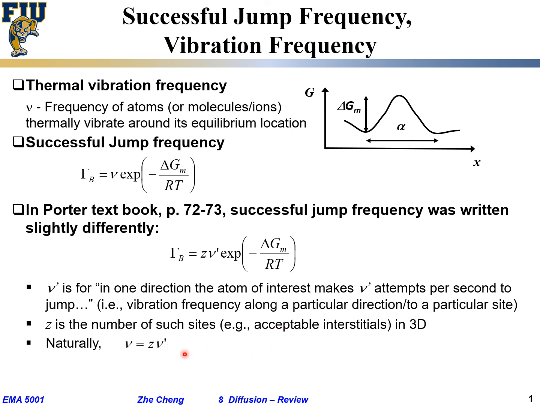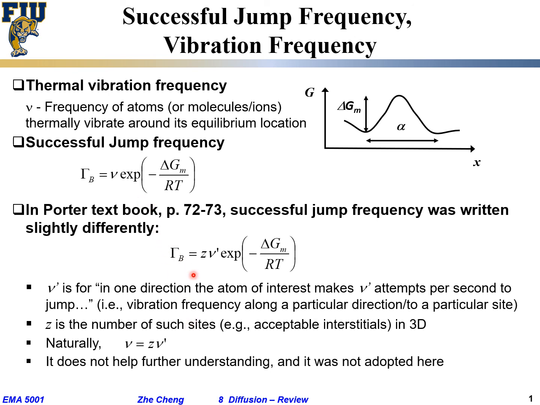That's the relationship between our description here versus the textbook description. In our case, I do not see the benefit of introducing this extra term of Z and mu prime, and therefore it was not adopted in our slides. I just use thermal vibration frequency mu, times the probability due to the thermal barrier.